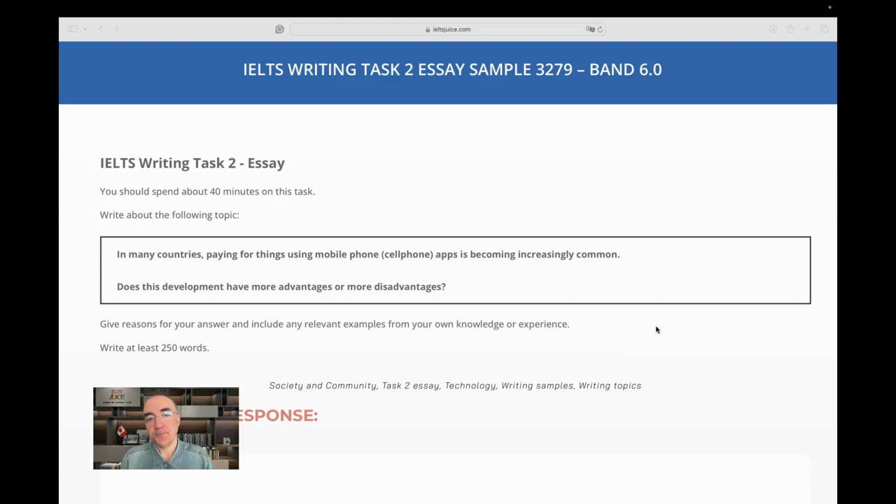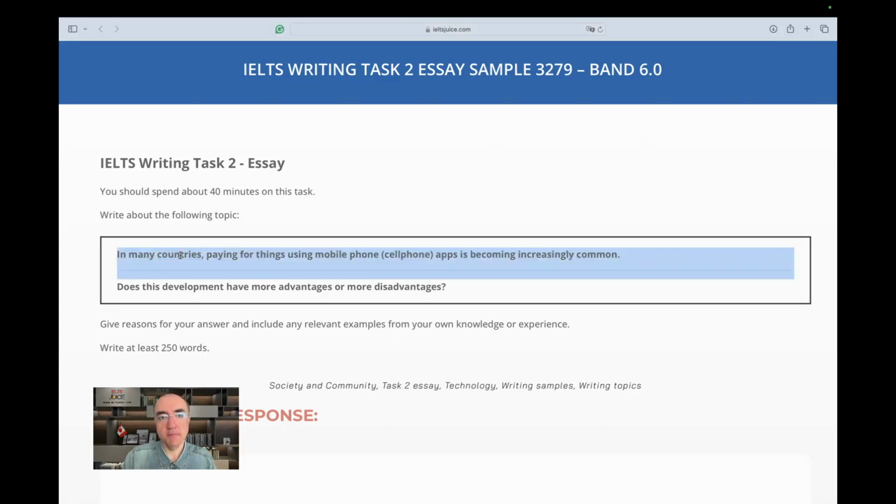So, we're all familiar with this topic. We buy things online. It's no big deal these days. It was a big deal back in the day, but now it's fine. So many people do that. There are, of course, some advantages and some disadvantages.